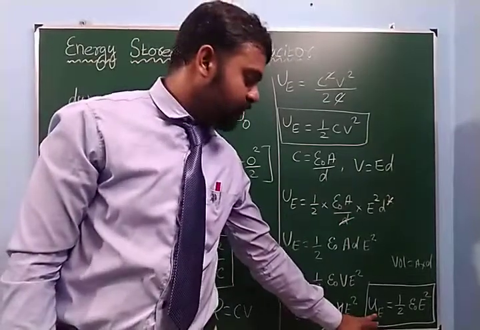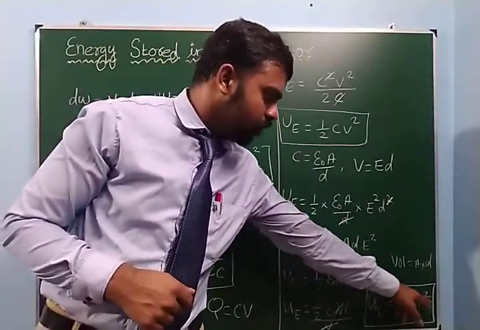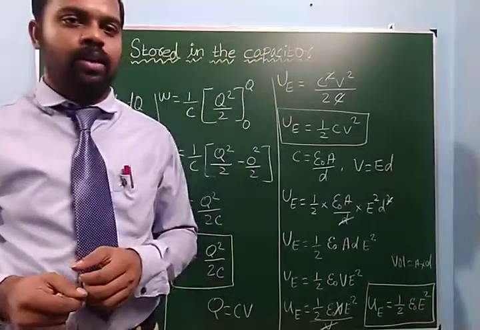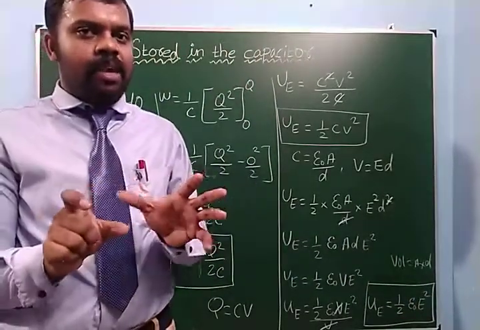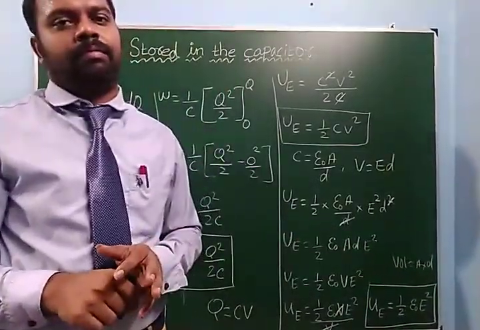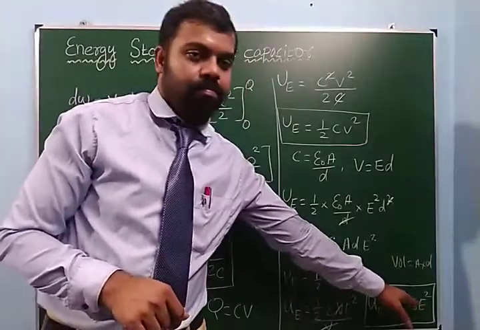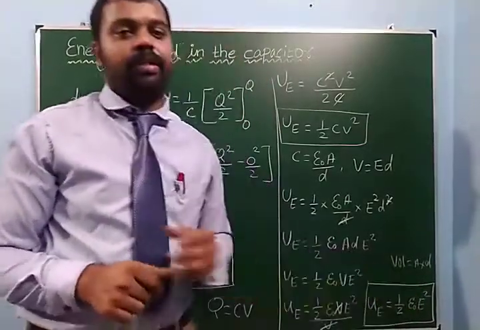The density is directly proportional to the square of the electric field, which means it depends entirely on the electric field alone, and this much energy is stored here due to this electric field.